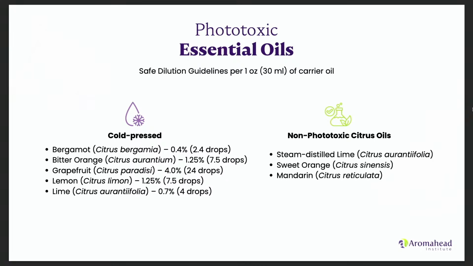When I use bergamot in a blend, in 1 ounce, 30 mils of carrier, this is what the guidelines refer to, I would use 2 drops. It is 2.4 drops. So you can see if I were to do 4 ounces, I could use 2, 4, 6, 8, and then that 4. So I could actually put another drop in, 9 drops. But for 1 ounce, only 2 drops because you can't get 2.4 drops, right?